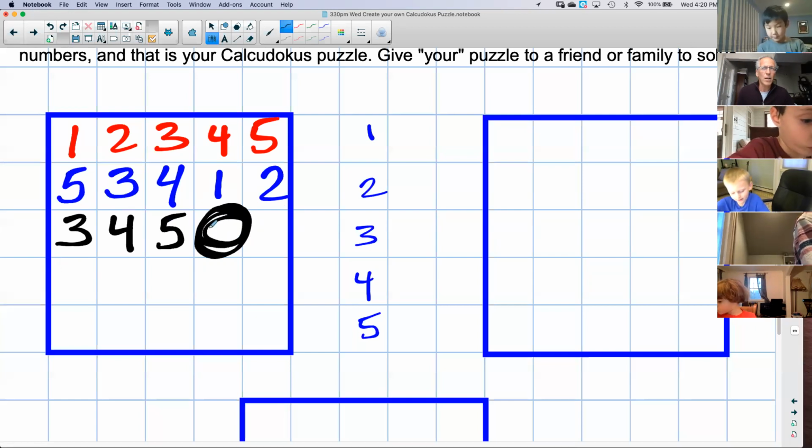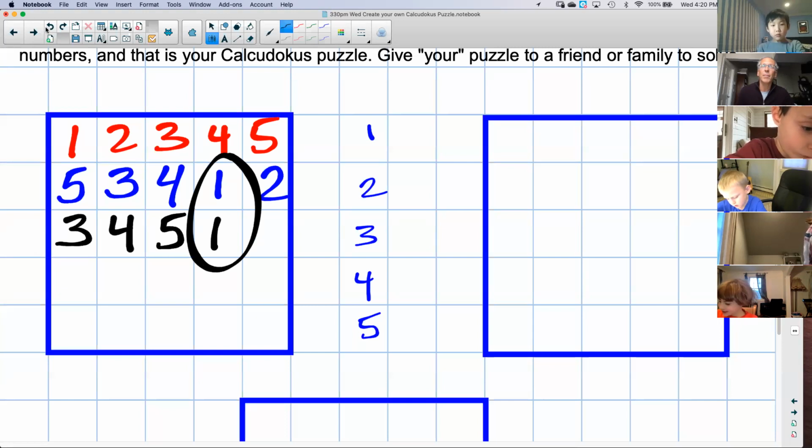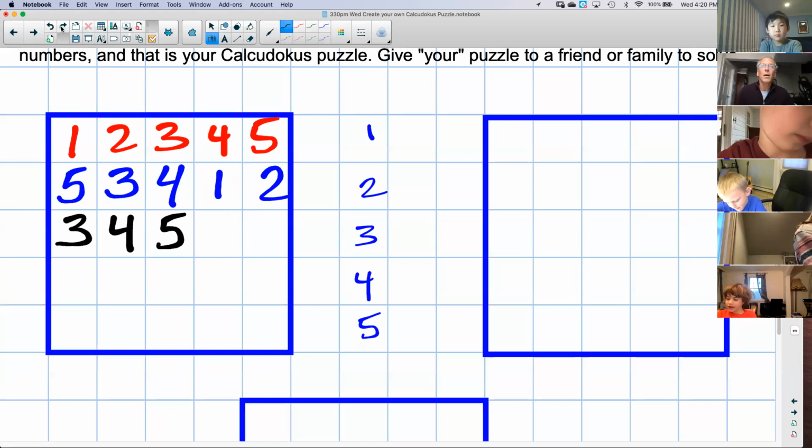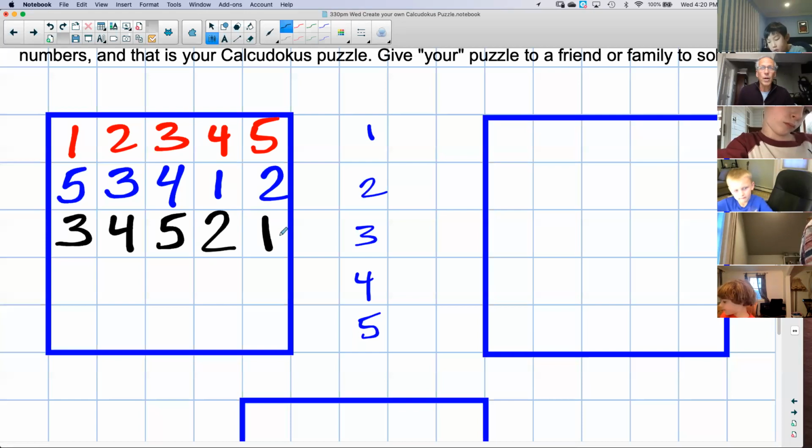What number has to go here, Roman? You can't put a 1 because there's 2 1s in the same column. Then a 2. Of course. And finally, a 1. Very good.